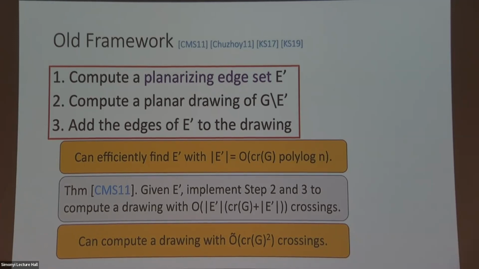Now I'm going to show a barrier: the best this framework can get is just a square root of n.